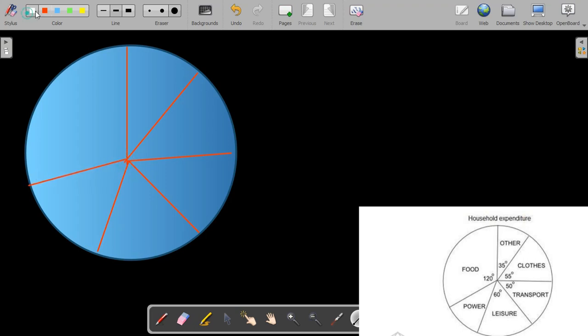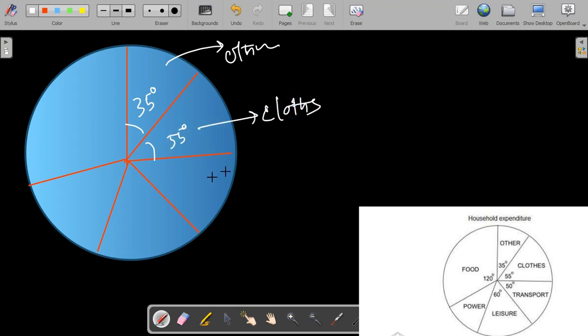Here it is written others, and the angular value is 35 degrees. Here it's written 55 degrees, which is for clothes.